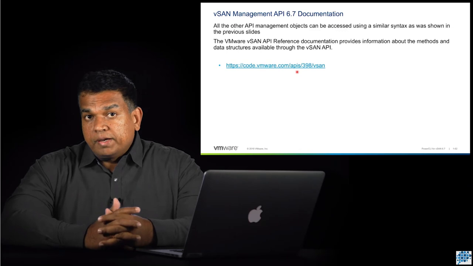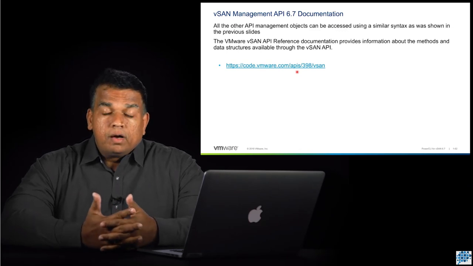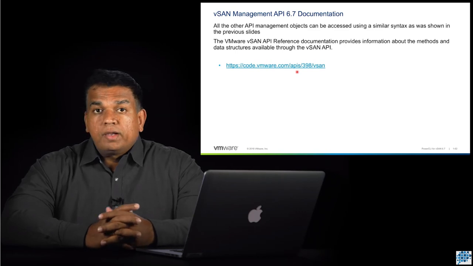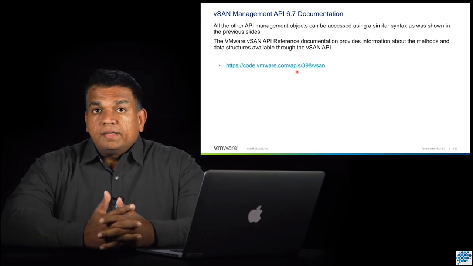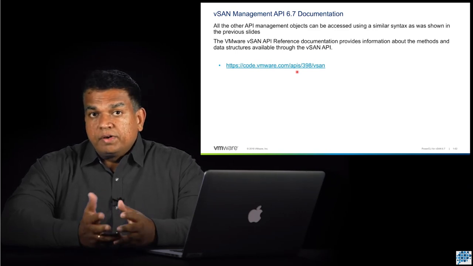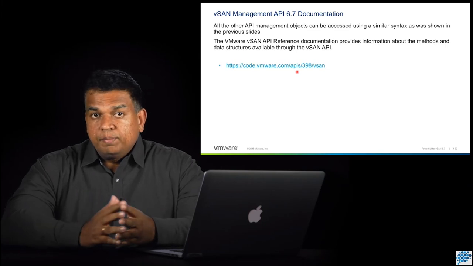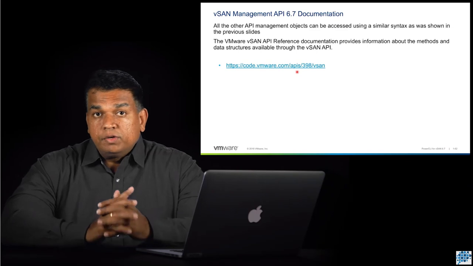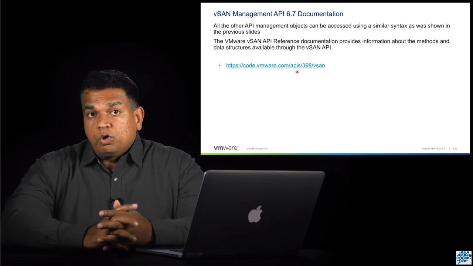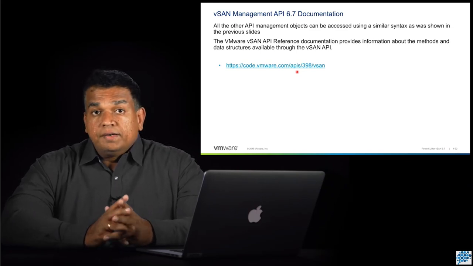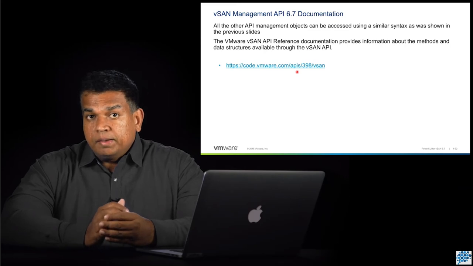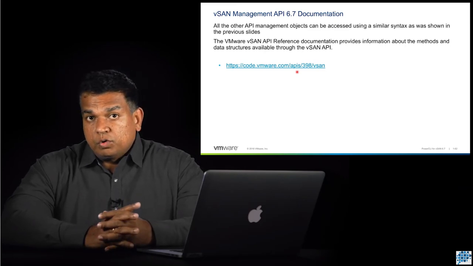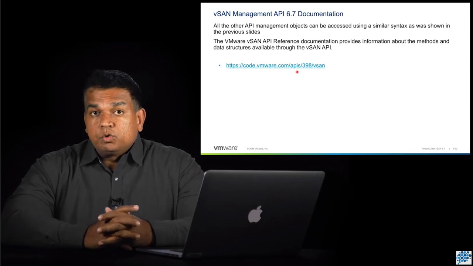You might be able to get away by just using the vSAN specific cmdlets, but in certain scenarios where the relevant cmdlet has not yet been developed, and you want to perform some kind of automation where you need to invoke methods or access properties directly in the vSAN management API, then the best way to do it is using the Get-VsanView cmdlet, and you might find it to be very useful.